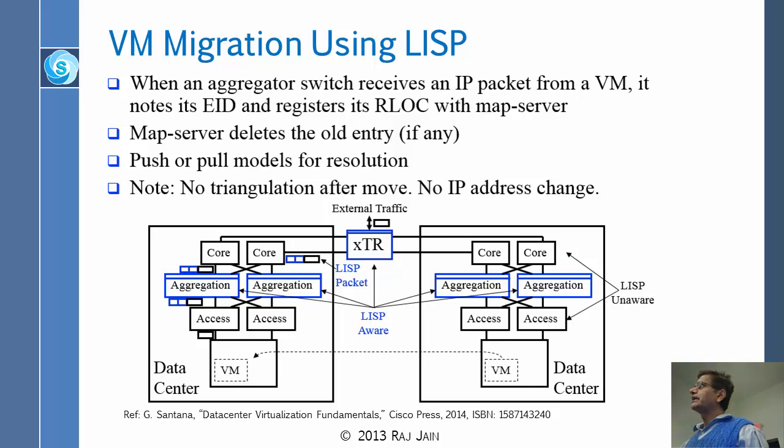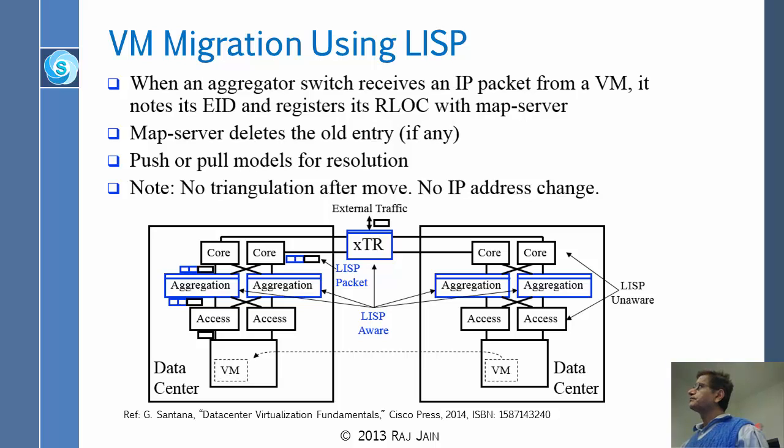So it will be encapsulated if it is talking to the VM. The only time it will not be encapsulated is if it is talking to these middle boxes somewhere here. And in that case, we really don't need XTR for that.